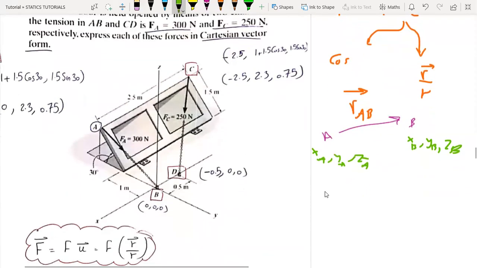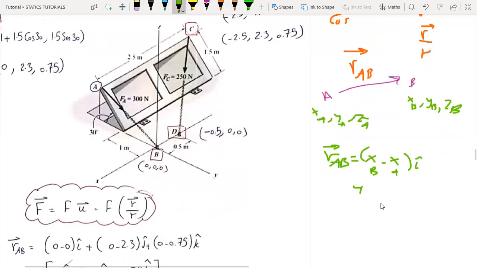So r AB will be equal to the coordinates of B minus A: xB minus xA i hat, plus yB minus yA j hat, plus zB minus zA k hat.